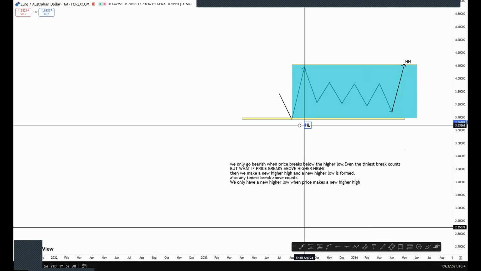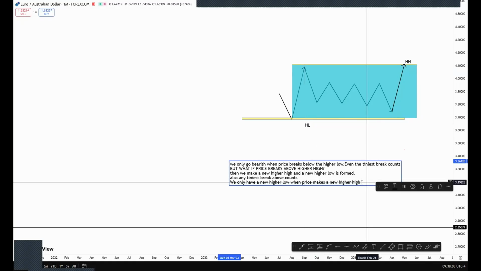Okay. Then we get this new point. The higher low is the last low the price had before the breakout.